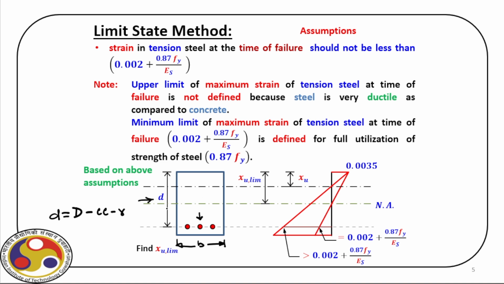Now for this cross section, we have the strain diagram shown here. Because we assume that the top fiber is in compression, we have the maximum amount of strain in compression, and there are two possibilities. Obviously, this is the amount of strain marked here, that is the level of steel, and at this point we have the strain in steel shown here.